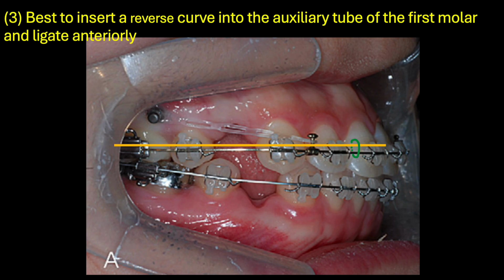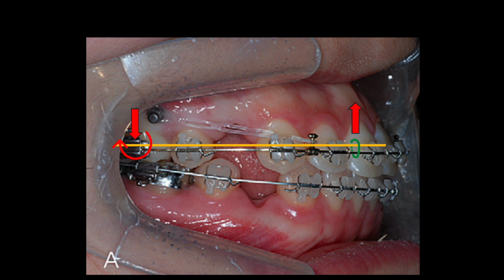Alternatively, crimping a high anterior hook reduces the initial clockwise moment on the anterior segment. As you can see, a reverse curve arch wire creates an intrusive force in the anterior segment and also an extrusive force and clockwise moment in the molars.